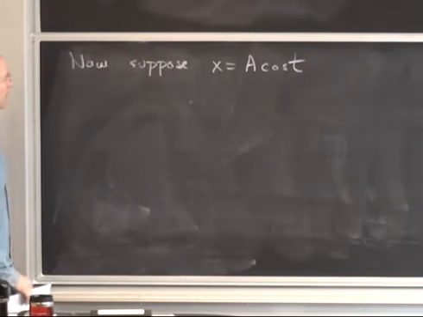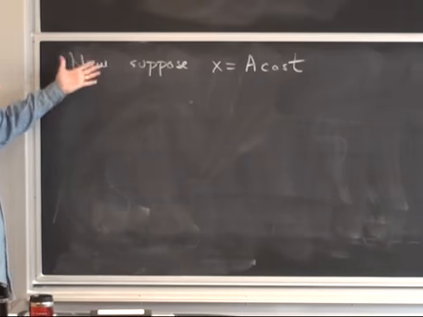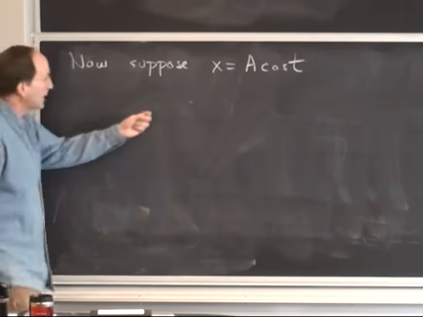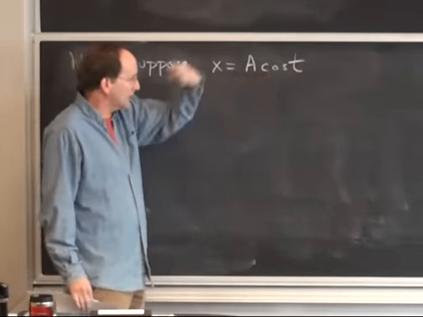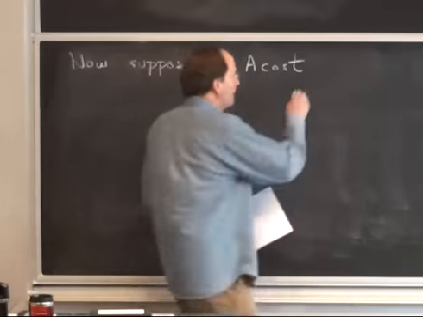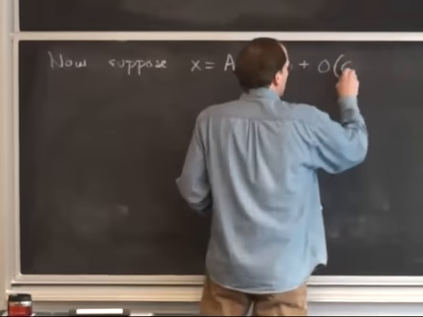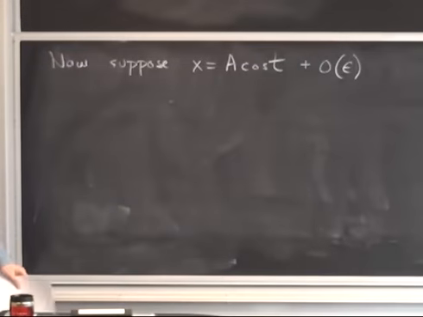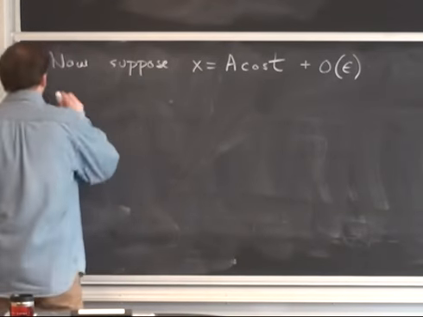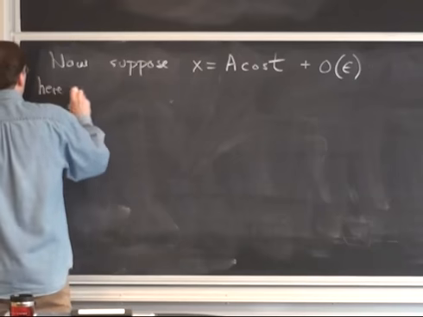That is, really we're saying that because we only introduced an epsilon change to the vector field, we expect the solution to be essentially what it used to be, still basically sinusoidal, but maybe with a little correction of order epsilon that we could worry about later with perturbation theory. And here A is a constant to be determined.